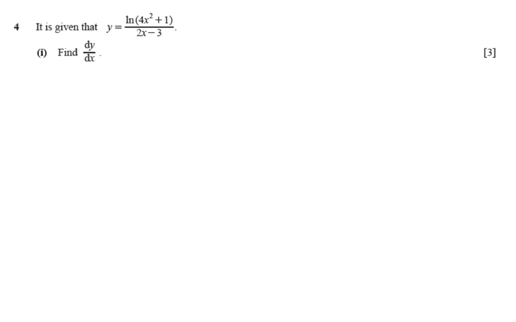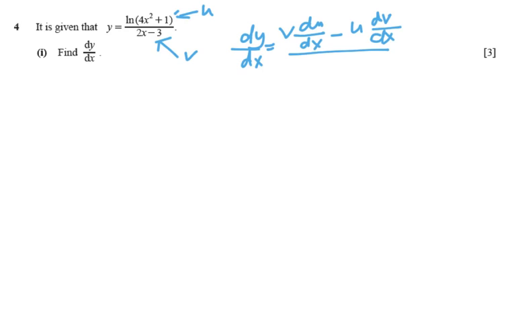To differentiate this equation, you have to first assign the numerator as u and the denominator as v. By using the formula or the quotient law, which refers to dy/dx equals v du/dx minus u dv/dx over v squared.